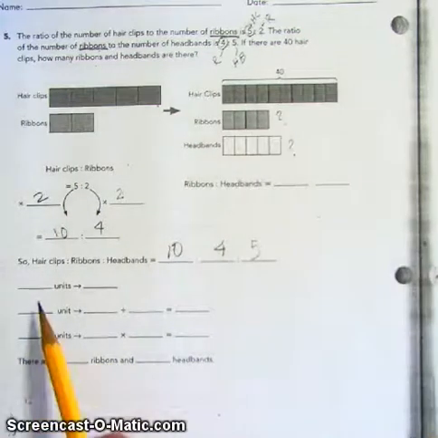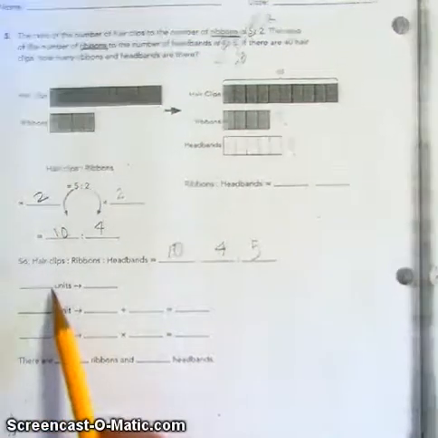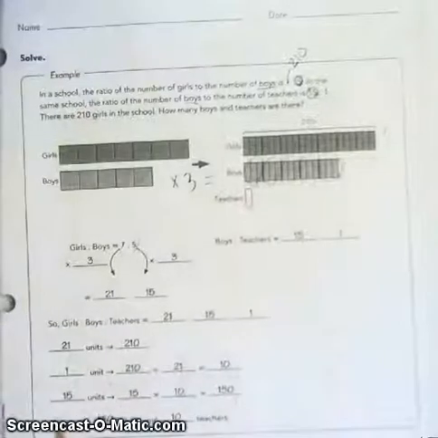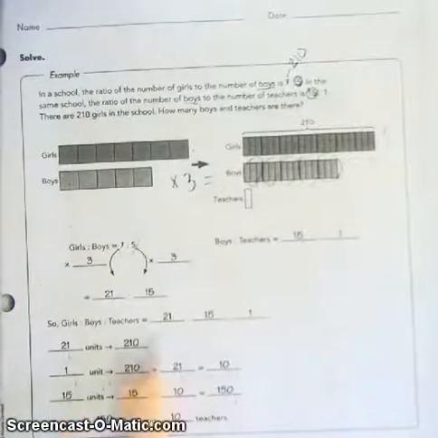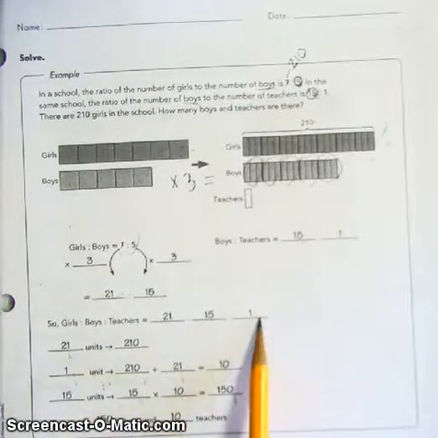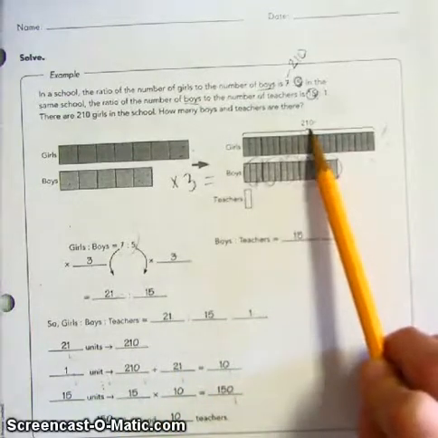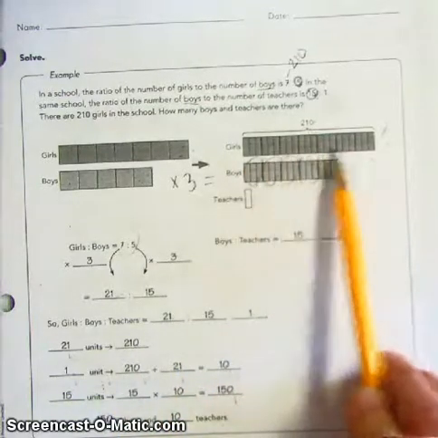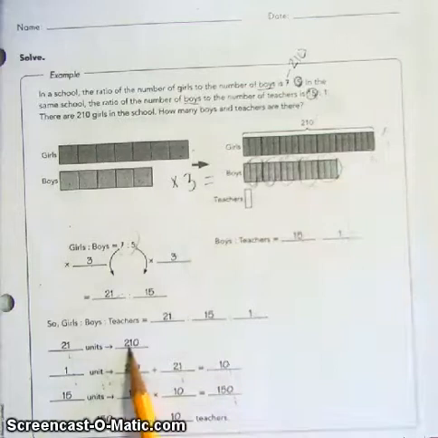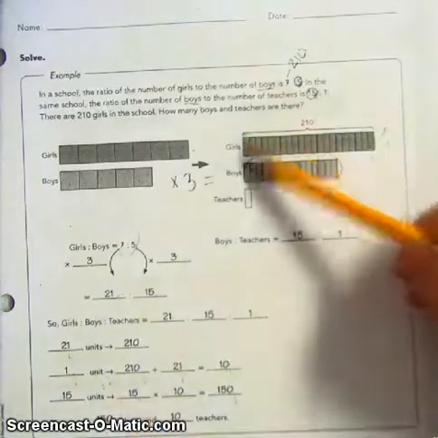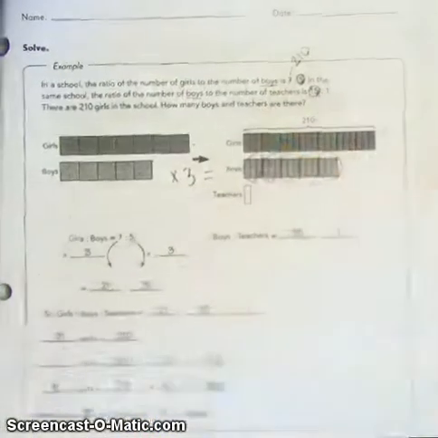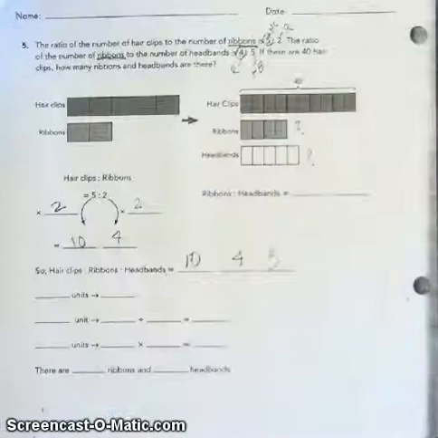So what we're going to do is just like on our paper back here, we're going to say, okay, if I had 21, 15, and 1, I can say here's my 210 units, and I made this into 21 units, so I just go ahead and divide that to find out how much 1 unit would be. So let's go ahead and do that.